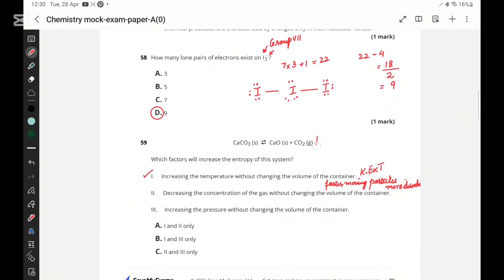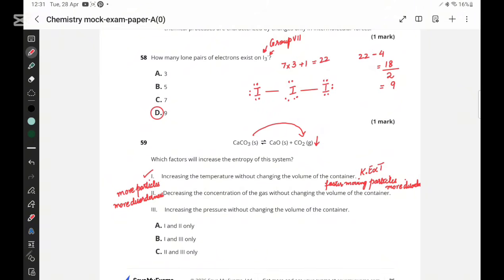If it moves right, there are going to be a greater number of moles produced to minimize the change, and you are going to have more carbon dioxide produced. And what happens? Disorder. Because you are removing carbon dioxide and the equilibrium moves towards the right hand side, more particles are there, which means there will be more disorder.